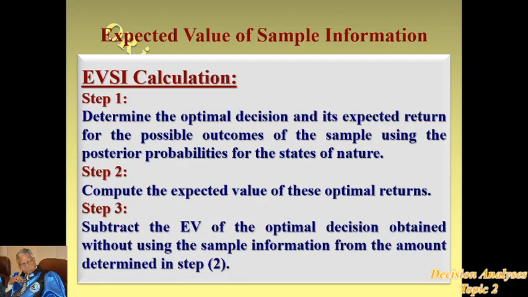Step number 3, subtract the expected value of the optimal decision obtained without using the sample information. This is what we got in the previous example, $14,000 in our example. From the amount in step 2, the result will be the expected value of sample information.